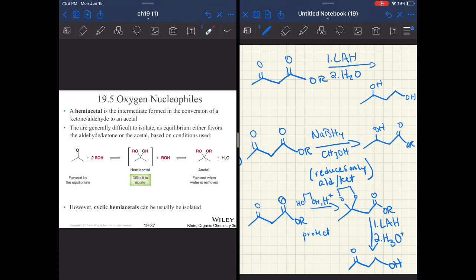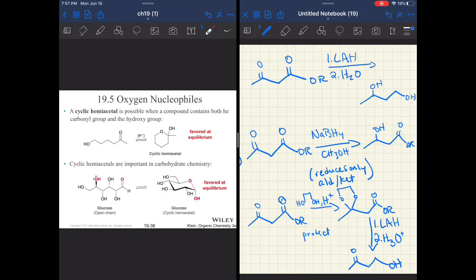This is the last thing we're going to talk about with the oxygen nucleophiles, and that is the hemiacetal. So in organic, you're going to learn that they're not stable and they're difficult to isolate. And then you're going to go to biochem and you're going to see them all over the place. And the reason for that, there is one type of hemiacetal that is very stable, and that is the cyclic hemiacetals when you're dealing with carbohydrate chemistry.